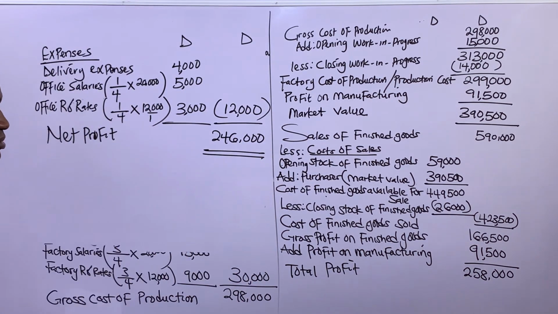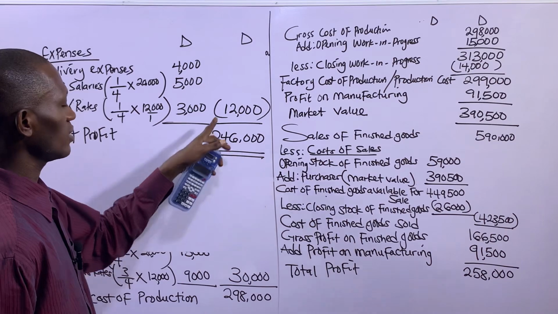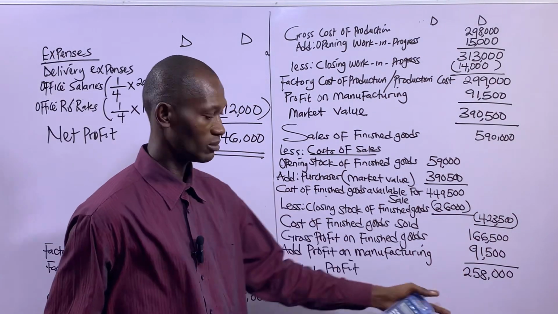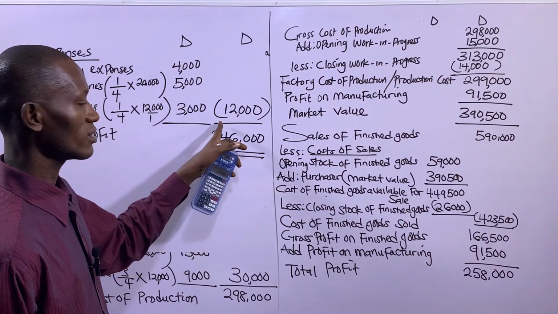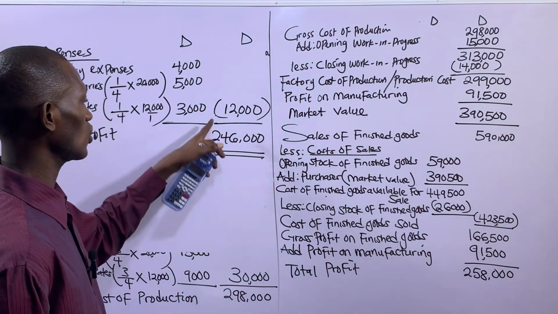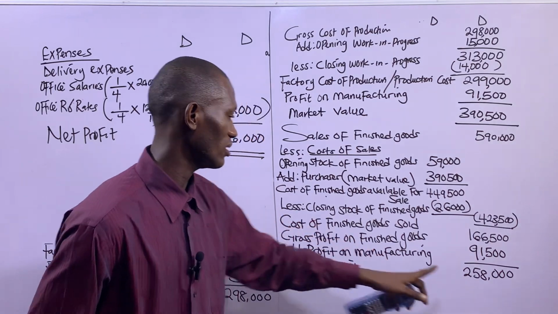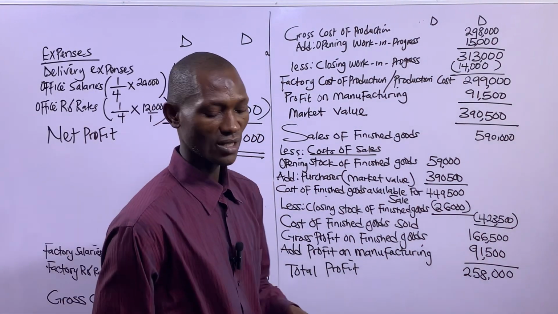So these are net profits, which we are asked to get in the profit and loss account. So your net profit is total profits plus other incomes, if they are given in the question, then less total expenses, and total expenses is 12,000. So 258,000 minus 12,000 gives us 246,000.